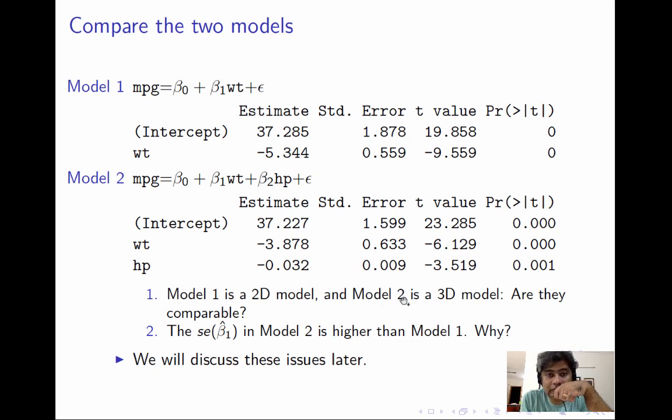Are they comparable? The natural question is which model I should choose. Another point you must notice: the standard error of beta 1 hat in model 2 is 0.633 and in model 1 it is 0.559.